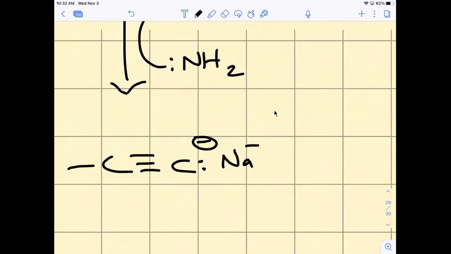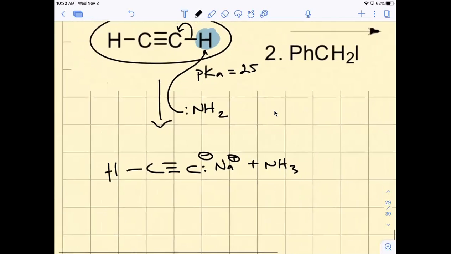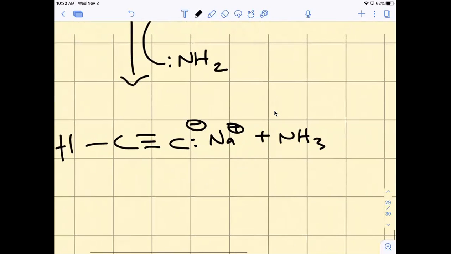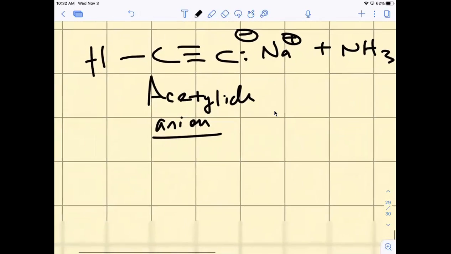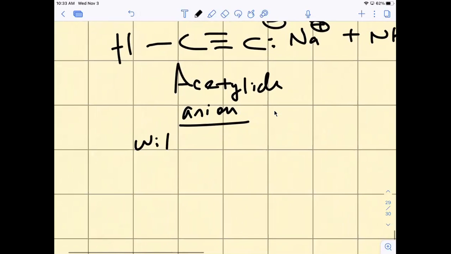Now I can use the sodium as a counter ion plus NH3, right? And then this is what we call an acetylide anion, right? That acetylide anion, depending on what it attacks, what you reacted with, it's either going to be a nucleophile or it's going to be a base, but I want to focus on it being a nucleophile.